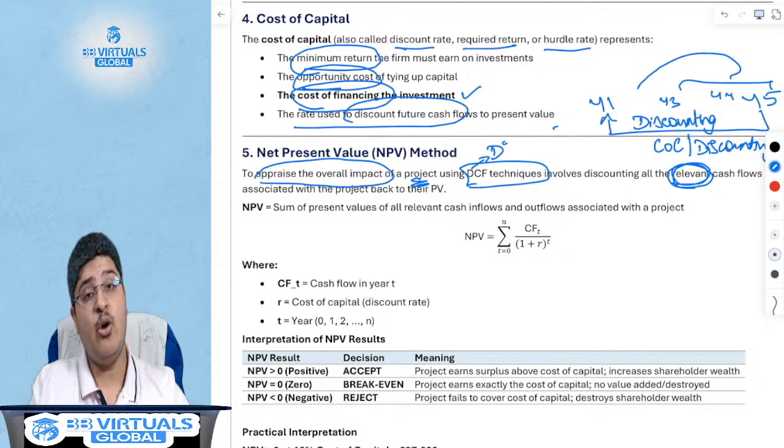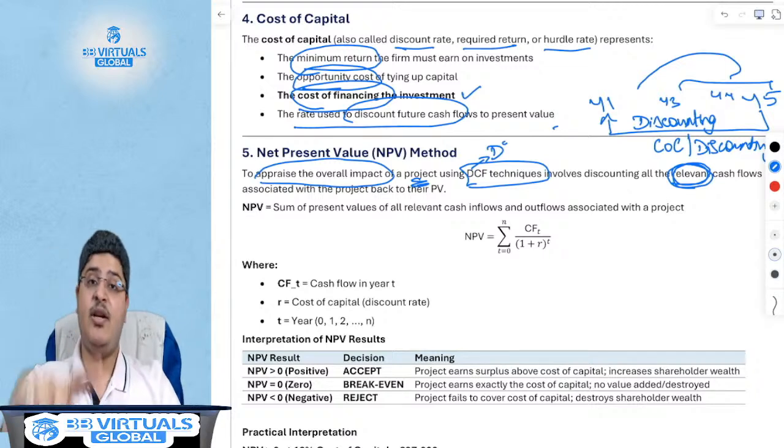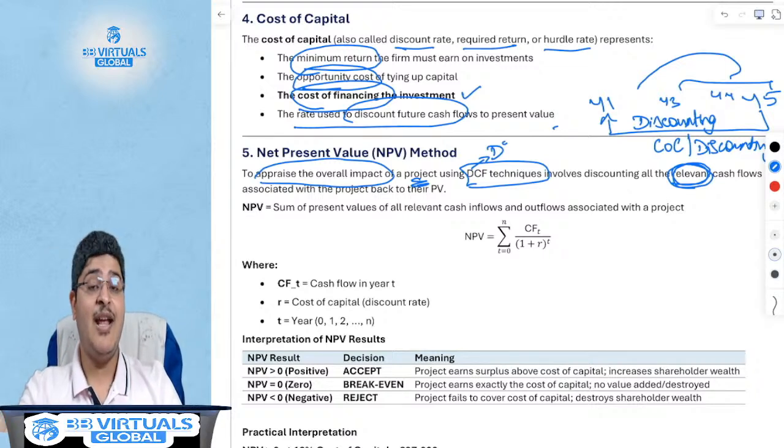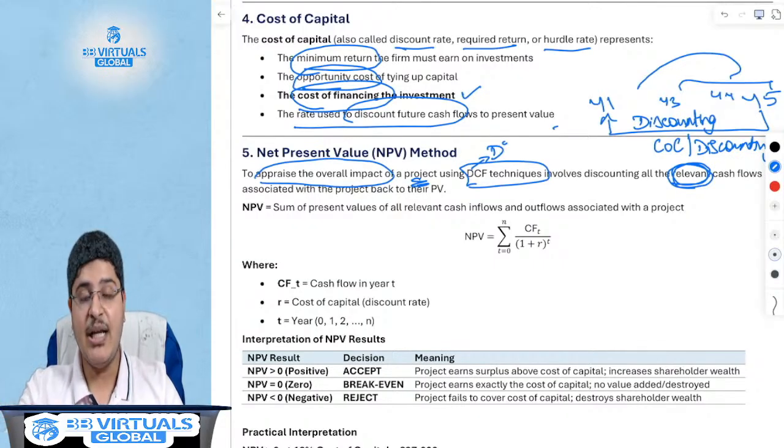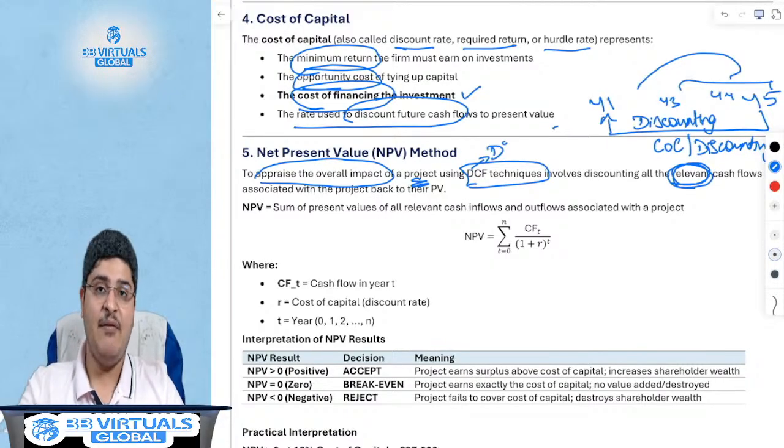In the last chapter, we had also studied relevant cash flow, where I told you if you go on a dinner date and you've already prepaid for the dinner, then the amount that you've paid is irrelevant irrespective of whether you get a yes or a no. If you've already paid 500 rupees for a movie ticket, then whether or not you like the movie, that 500 rupees is irrelevant.